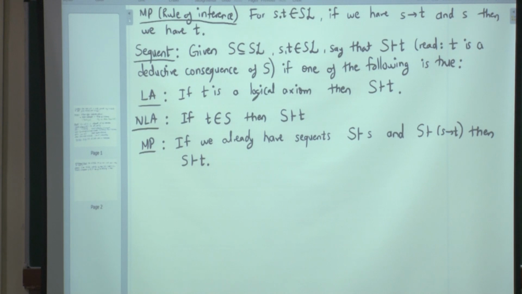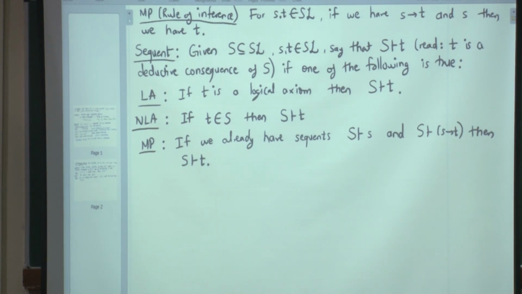You should have two previous lines, one which says little s is a consequence and another one which says s implies T is a consequence. Then you can conclude that T is a consequence of capital S. Is this clear?